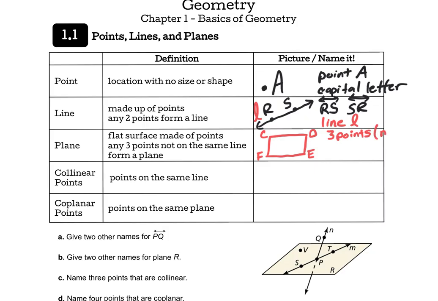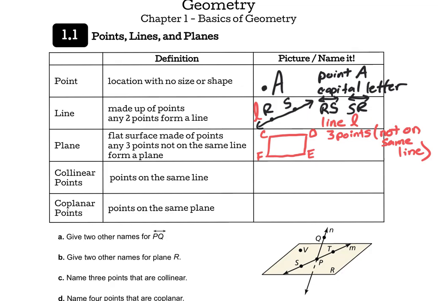And they cannot be on the same line. Okay? And what I mean by that is if I were to put like an R right here, then I can't say CRD because all 3 of those points are on the same line.